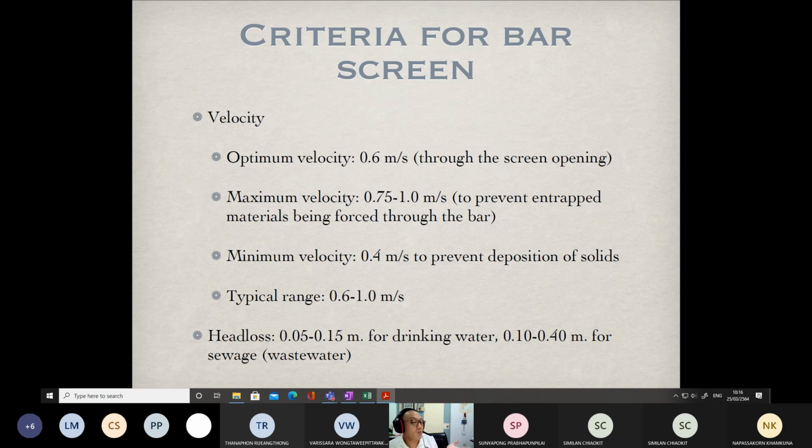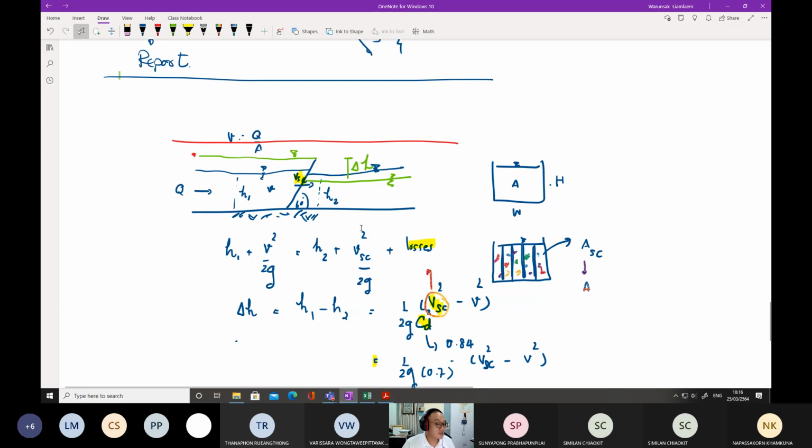The same thing, we don't want this to happen, because in the next unit operations we will provide the facility to remove those solids anyway. That is why for the screens we don't want anything settled in the chamber. There is not supposed to be anything accumulated at the bottom of this chamber.